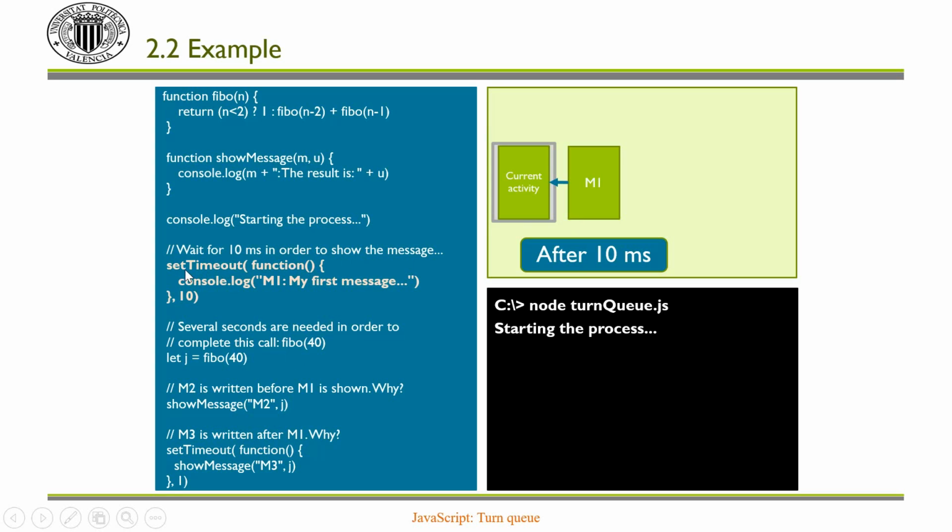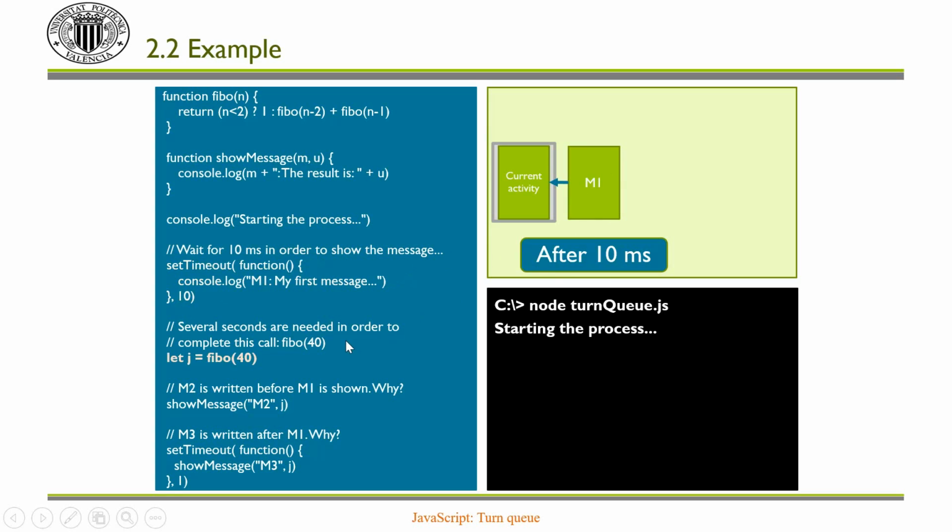Here, indeed, it has executed the setTimeout call. And the callback is simply placed in the turn queue once this interval has elapsed. That is, after 10 milliseconds, and only at that time.